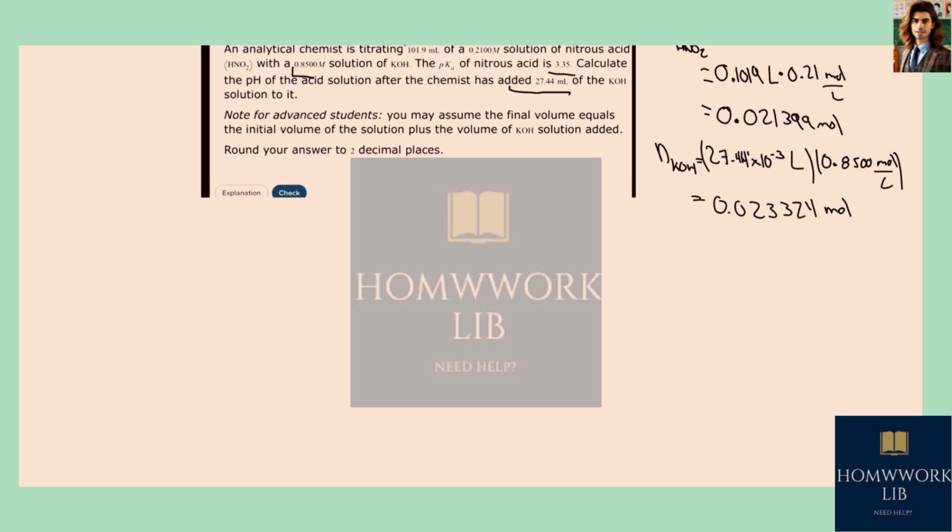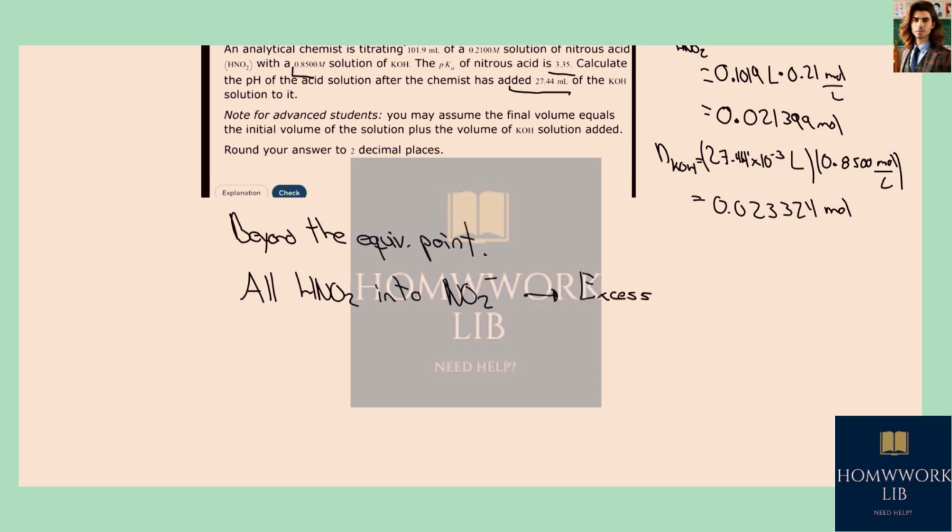That means that in our reaction we're beyond the equivalence point, that we have converted all HNO2 into NO2 minus, and additionally to that, we're going to have an excess of OH minus in solution.